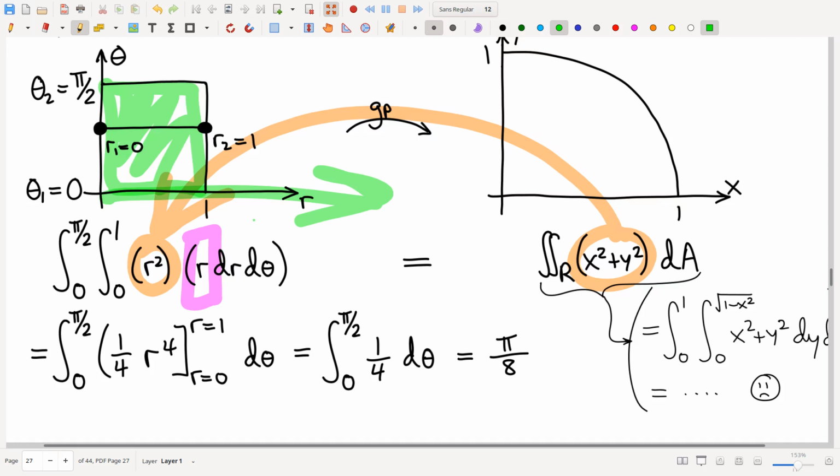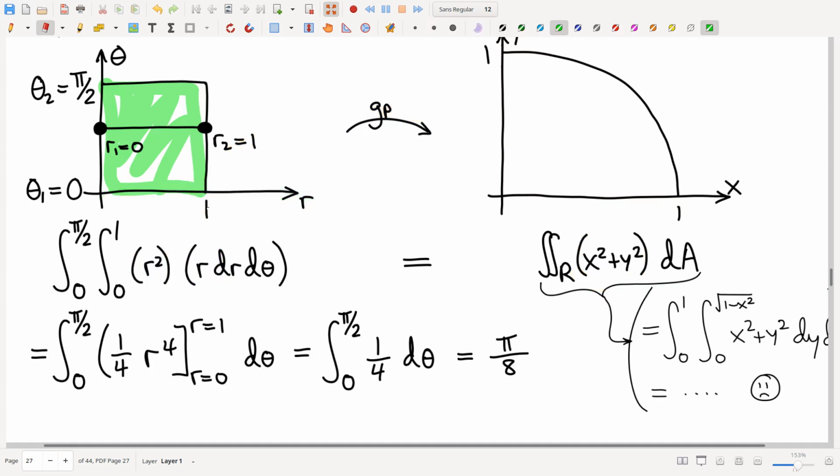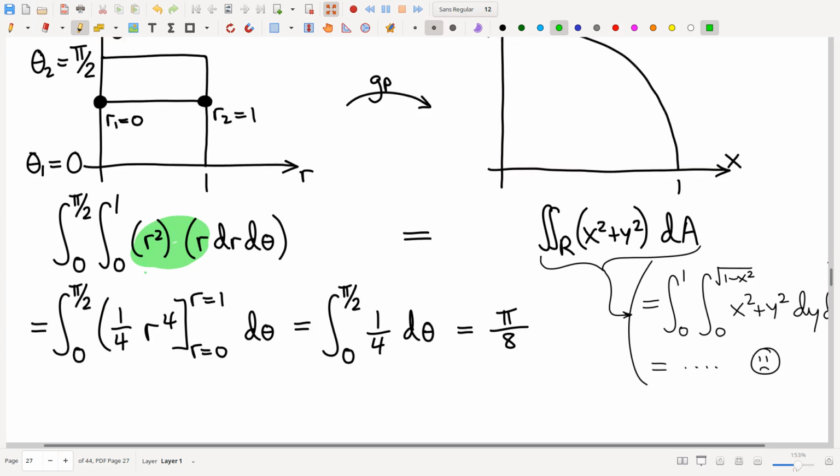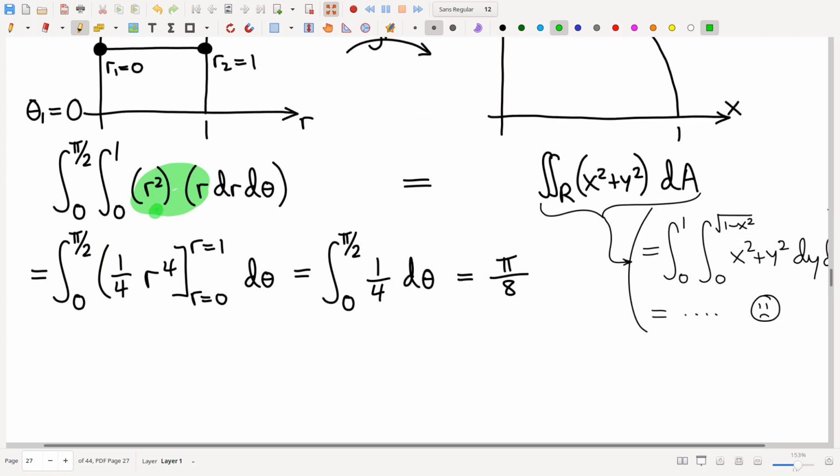And it's all downhill from here. Nothing to it. Our integrand is r cubed. The antiderivative, 1/4 r to the 4th. Single variable calculus. Answer's pi over 8. Everybody happy?